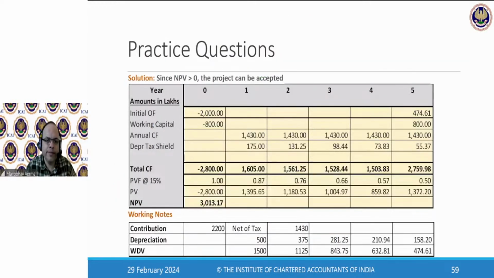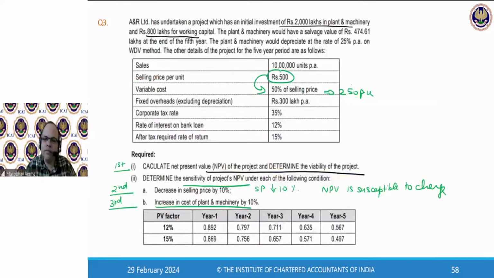Accordingly, my contribution is 500 minus 250, which is 250, and then you have fixed overheads excluding depreciation of 300 lakhs per annum. So you have to calculate all that as well. But my point here is, let me quickly show you this aspect.